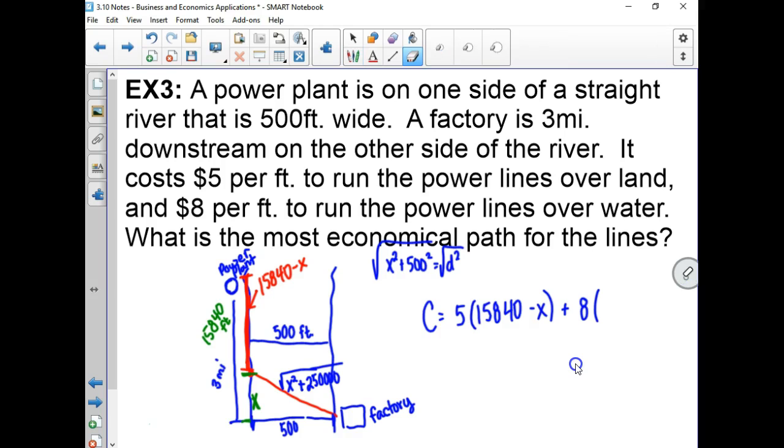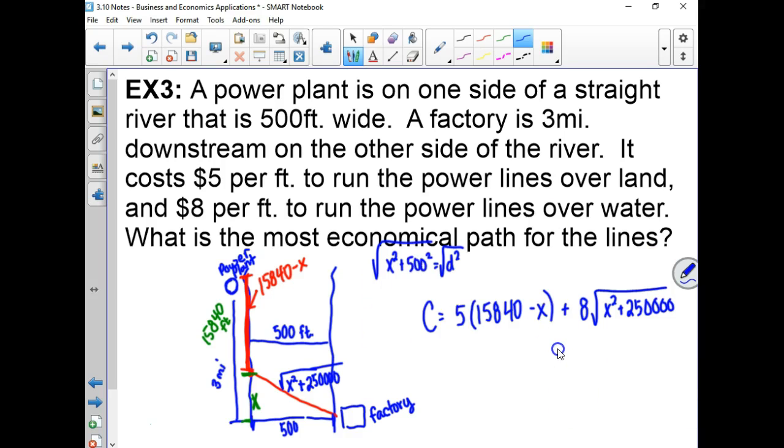So 8 times the square root of X squared plus 250,000 here. So this is our cost equation.